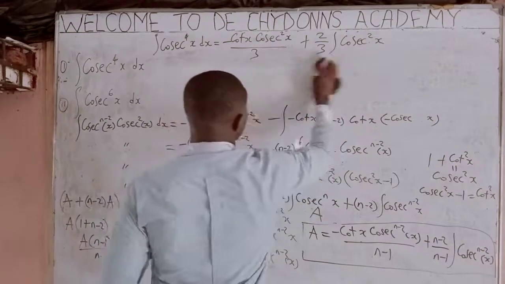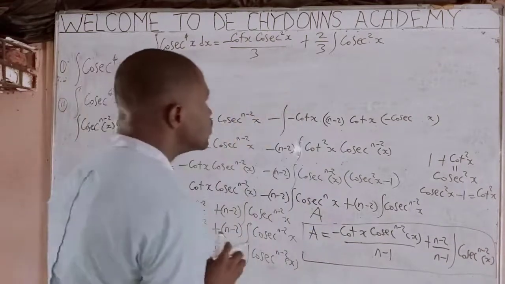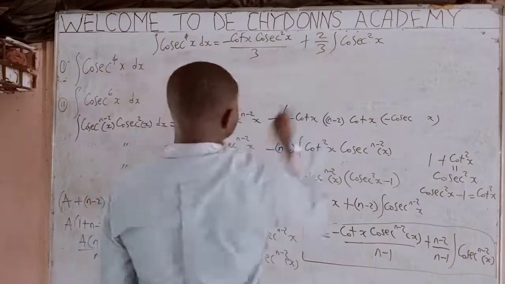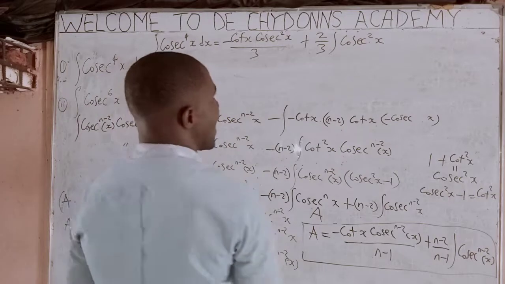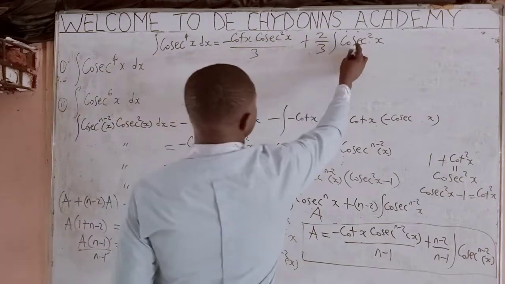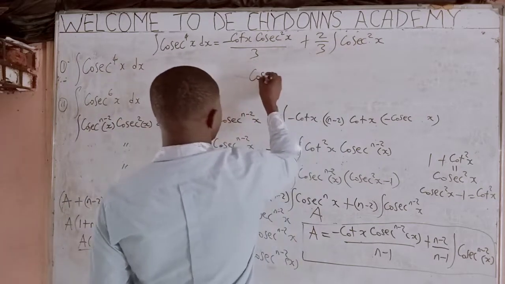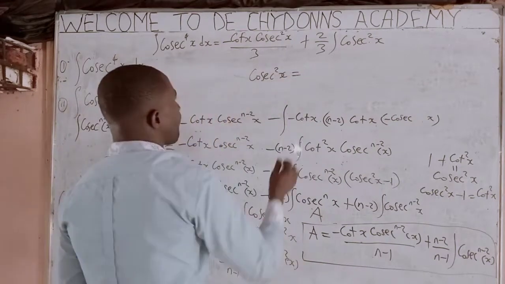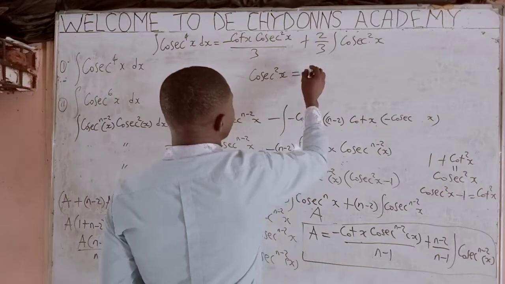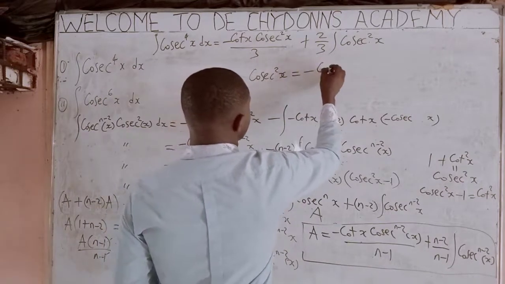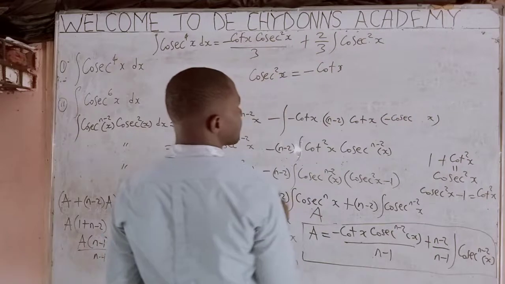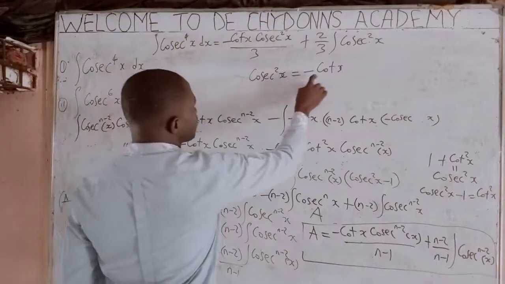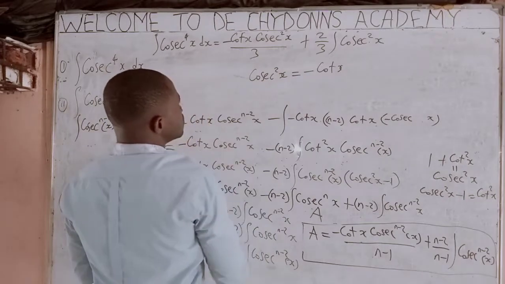So the implication is that when you are asked to integrate cosec squared x, you will say the integration of cosec squared x will be equal to minus cot x.